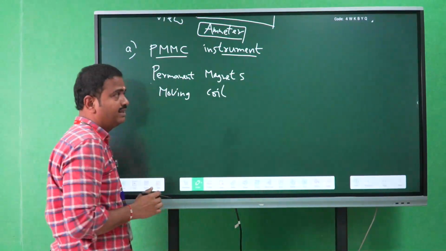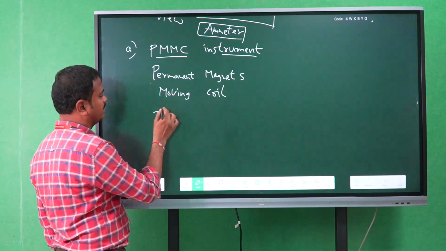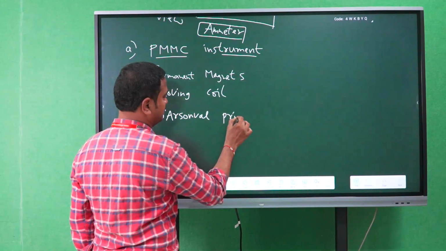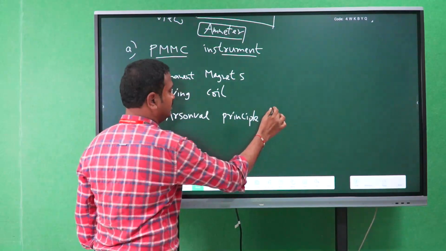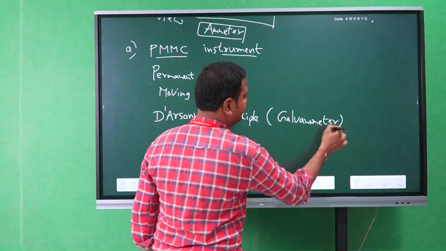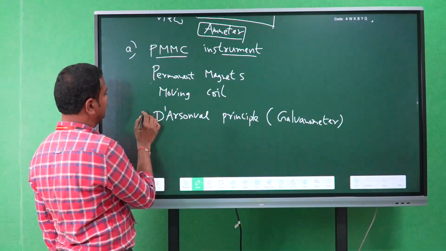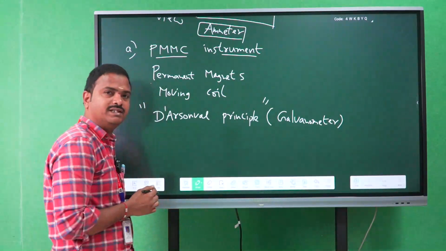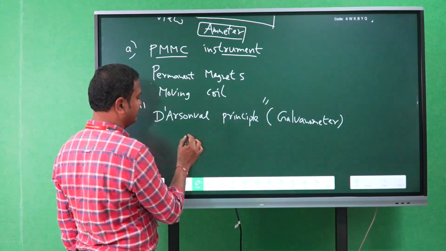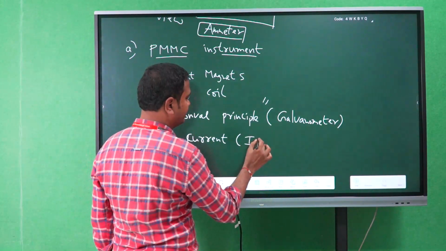Indicating instruments basically work on the D'Arsonval principle, that is nothing but the galvanometer principle. That means the quantity to be measured, for example current, is represented with I.